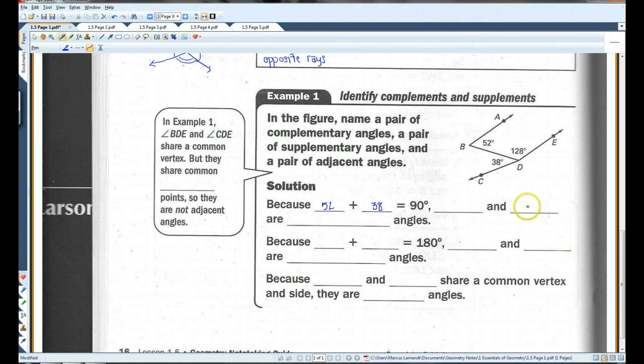Therefore, ABD, that's the 52 degree angle, and CDB, that's the 38 degree angle, are complementary angles.